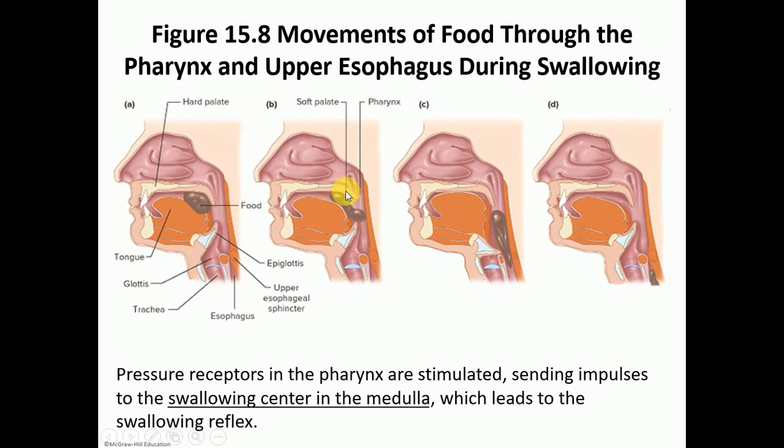By reflex, the soft palate elevates and shuts down the back of the nasal cavity, while the epiglottis, as you can see in this picture over here, bends down in order to shut and protect the trachea. So now the food only has that one way to go, and that would be down the esophagus.